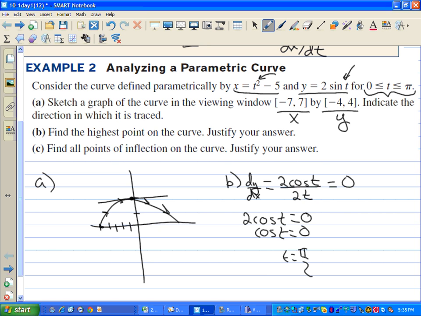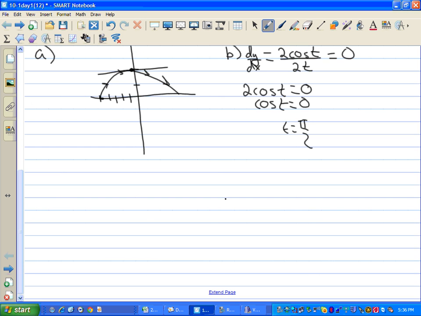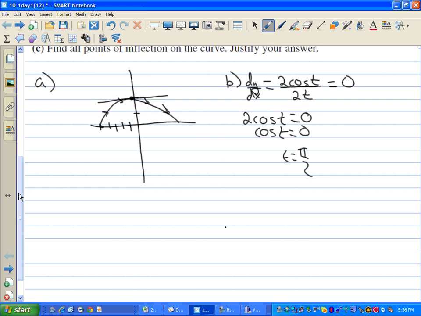It does say justify your answer, and we're going to show that the derivative does go from positive to negative. Here's our number line. Here's pi over 2. Remember, we're only going from 0 to pi, which means all our t values are going to be positive.